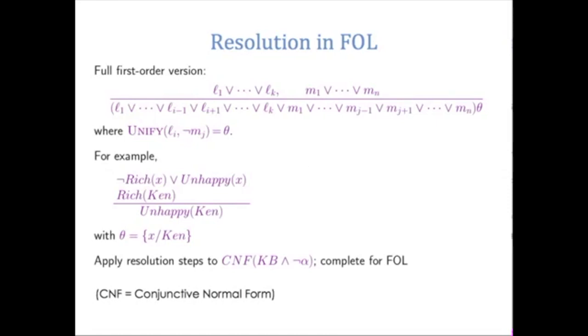So going back to our example about Ken here, let's say our knowledge base consists of the implications in here, and we want to prove that Ken is unhappy. We'll put not unhappy Ken and try to resolve. Now this turns out to be complete for first order logic. In other words, if it's true, we'll be able to prove it.